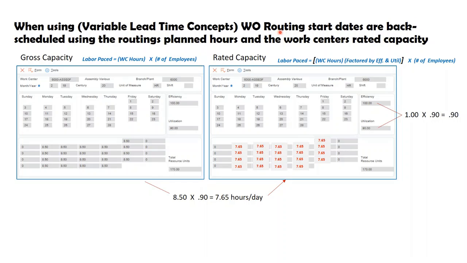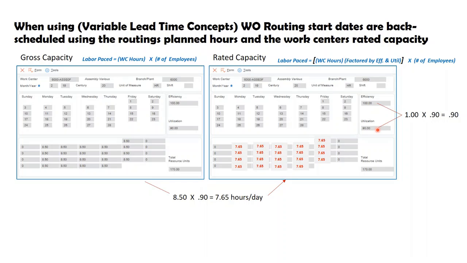When the work order routing is attached to a work order and it begins to back schedule and create start dates, when using the variable lead time concept, it will back schedule using rated capacity hours available. These rated capacity hours are the gross capacity factored by efficiency and utilization. Now, if efficiency is 100% and utilization is 90%, then our factored percent is 90%.